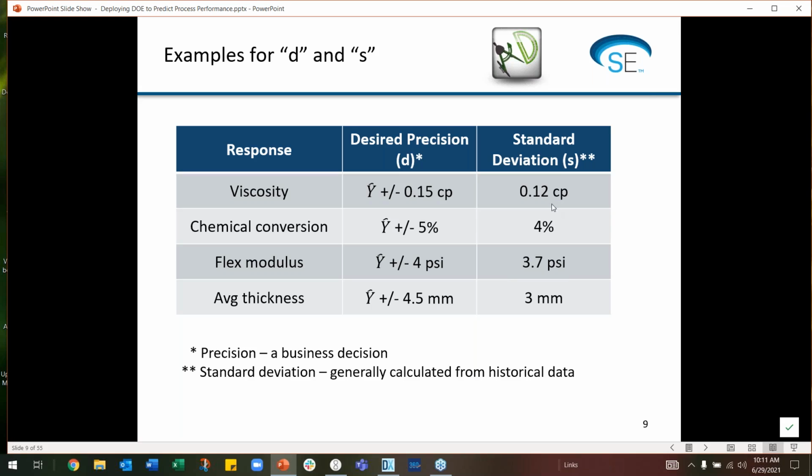Then you also have to take some historical data or look at a previous designed experiment and calculate the standard deviation. Okay, so somehow you need to get those two numbers.